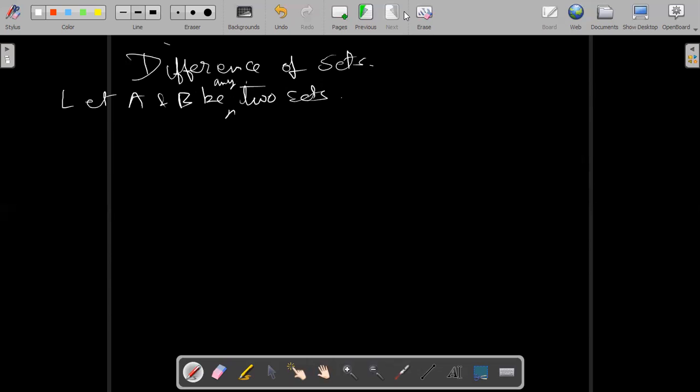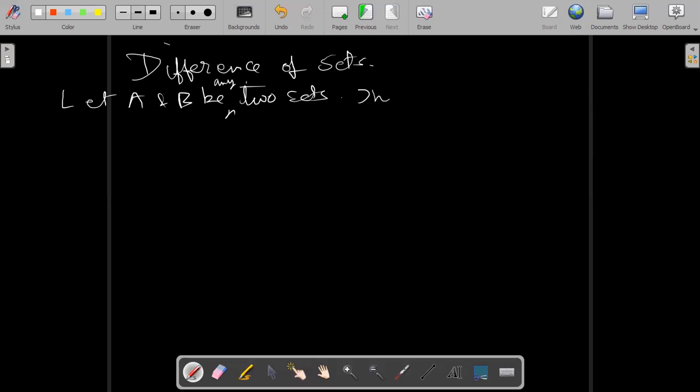The difference means the set of all elements which belong to A, which do not belong to B. A minus B means which belongs to A and does not belong to B. Means we will remove the elements of B from A. A minus B means remove the elements of B from A.